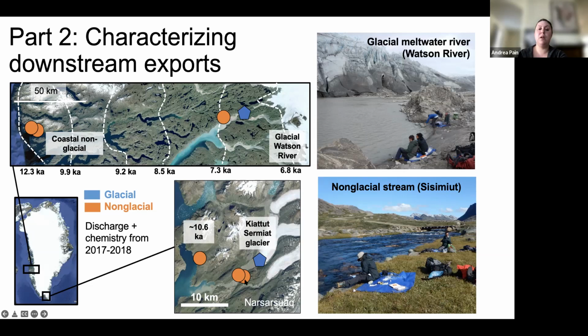Similarly, in the south, we'll be looking at some more recently deglaciated watersheds, as well as one that's been exposed for about 10.6 thousand years. To evaluate the export of material, I'll show discharge information from all of these systems, as well as some chemical information so we can estimate the total export of material.